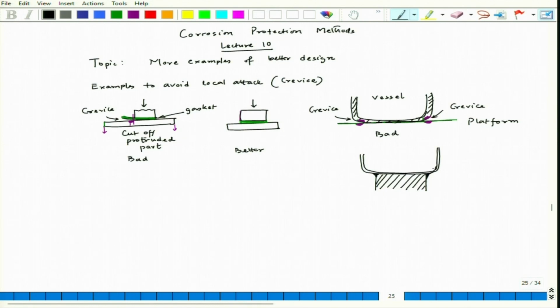Now, here you see, the crevice points are out here, as well as there could be a local crevice around this portion. One way to handle it, if you have cement, you just put cement and make a curvature over there, and then you have tackled the crevice related issues. So, this is a better design.